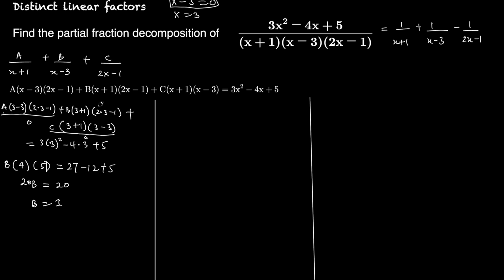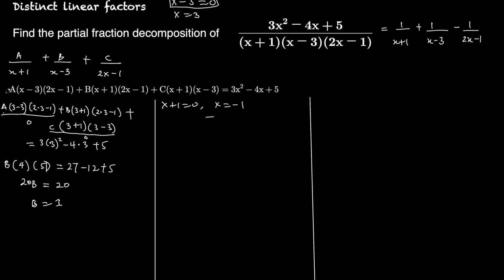Now we have to set another linear factor to 0. This time I'll be picking x plus 1. If I set x plus 1 to be 0, x will be equal to minus 1. So we go again. I will have to substitute -1 for each place x appears here.